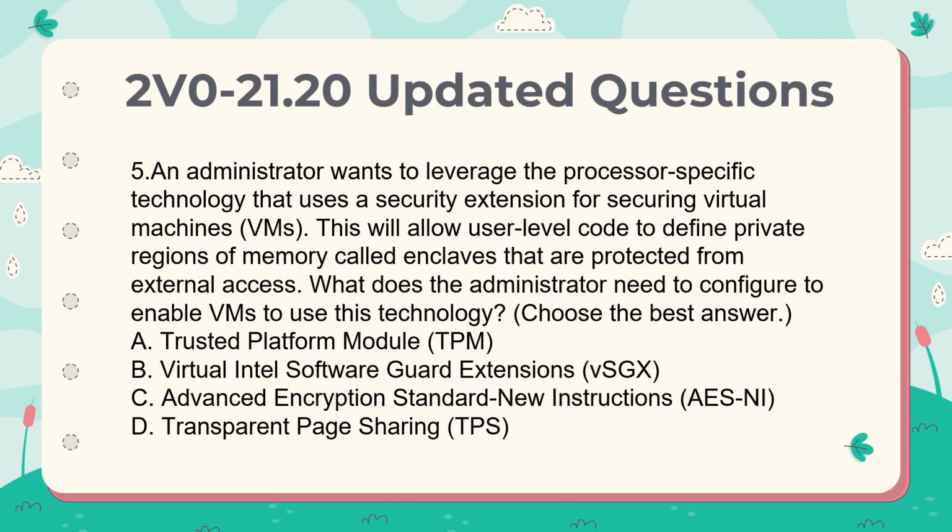5. An administrator wants to leverage the processor-specific technology that uses a security extension for securing virtual machines, VMs. This will allow user-level code to define private regions of memory called enclaves that are protected from external access. What does the administrator need to configure to enable VMs to use this technology?